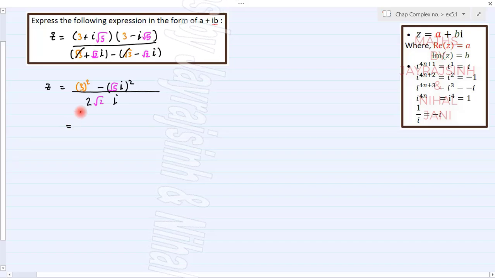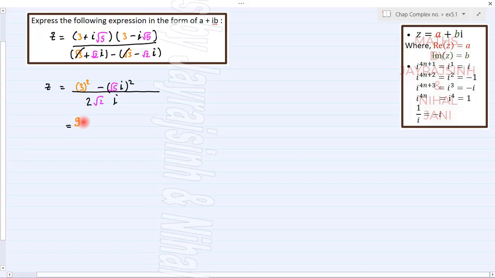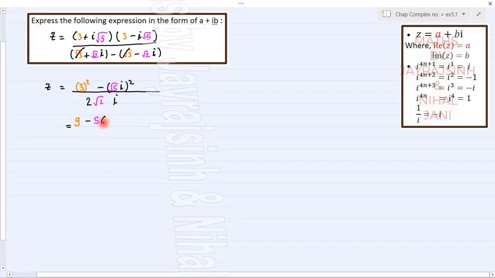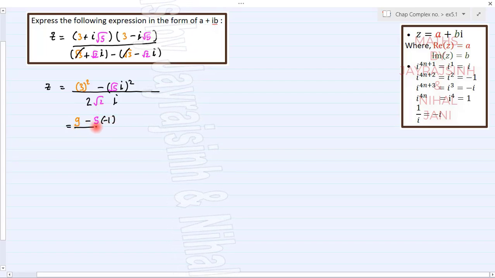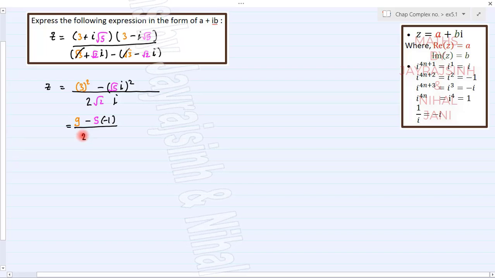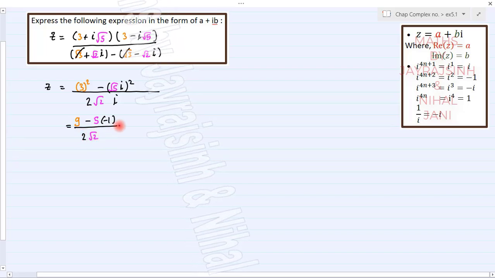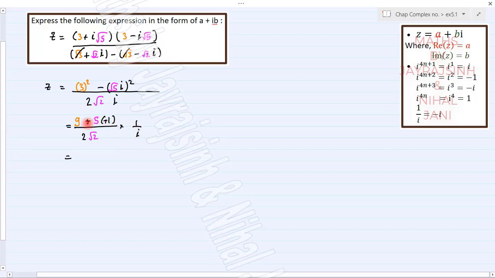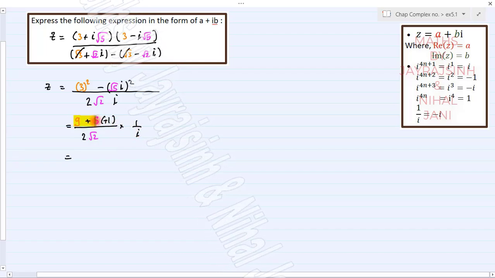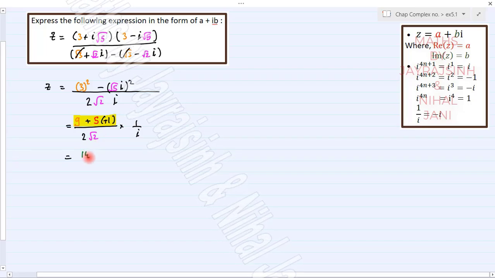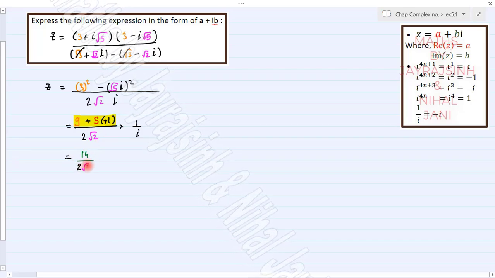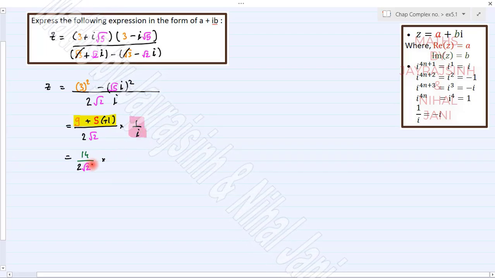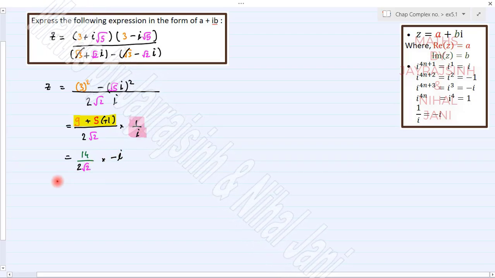In further simplification, your 3 square will become 9, minus root 5 square will become 5, and i square is simply minus 1. In the denominator, we have 2 root 2 and 1 upon i. So minus minus becomes plus, we'll get 9 + 5 will become 14 upon 2 root 2. Your 1 upon i is simply minus i.